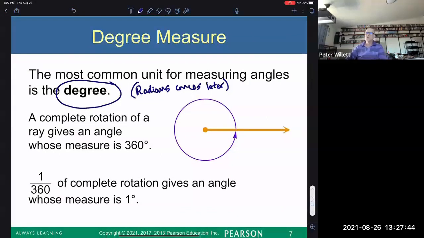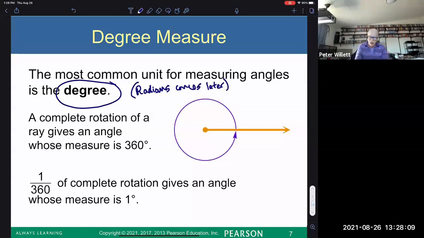All right, so yes, degree measurement is most common, and so that's a good thing to start with. The way they help us understand how to measure with degrees is by having a complete rotation where you started on your initial ray, and then you started rotating and you went all the way around until you ended right back up where you started.